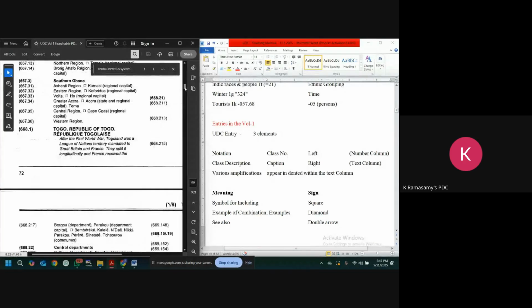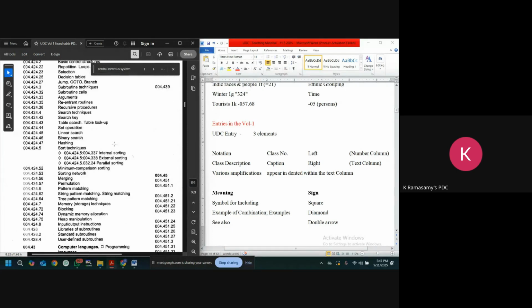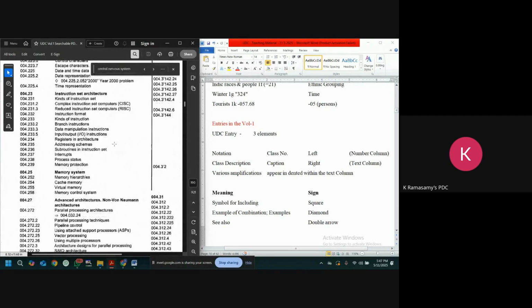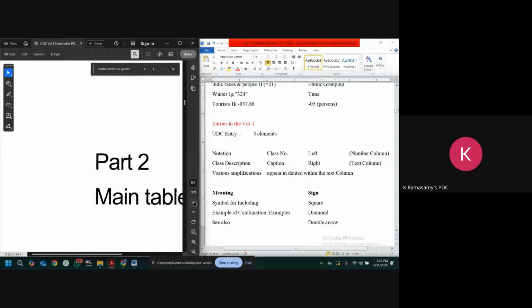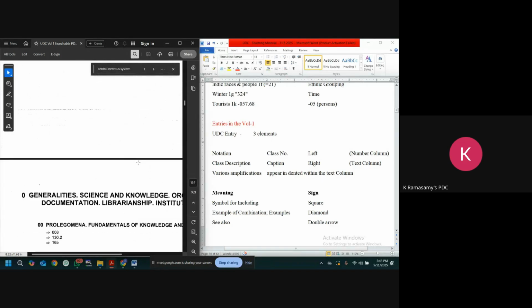When you have a look at a UDC number, how should you be able to understand the entries? Okay, for example, let me go to the first page of the UDC main table. I just go to 0. Yes, this is the main table. This is the first page.